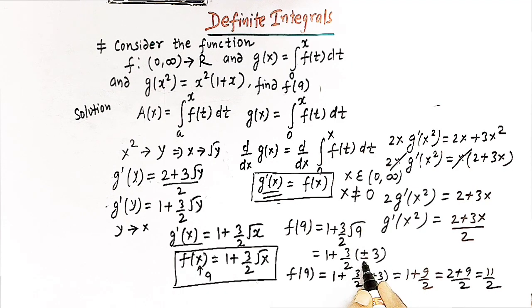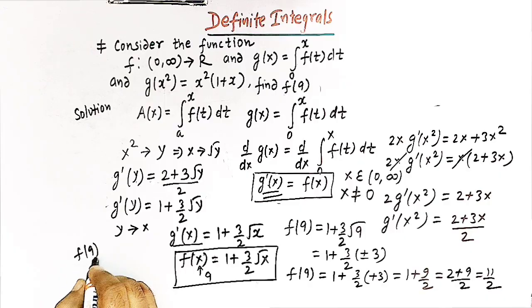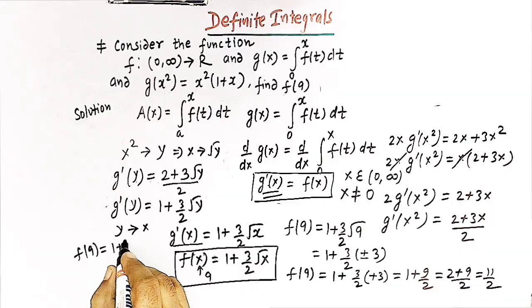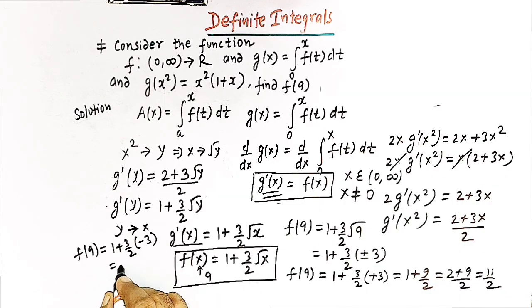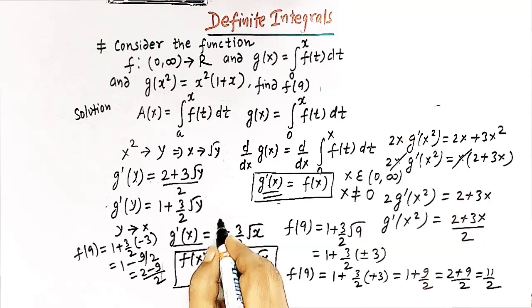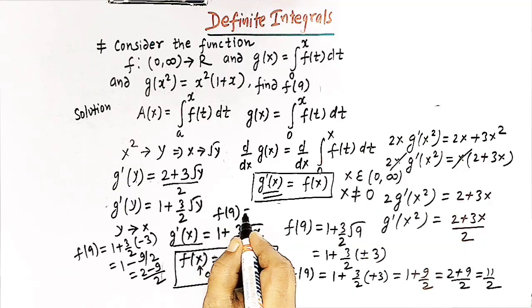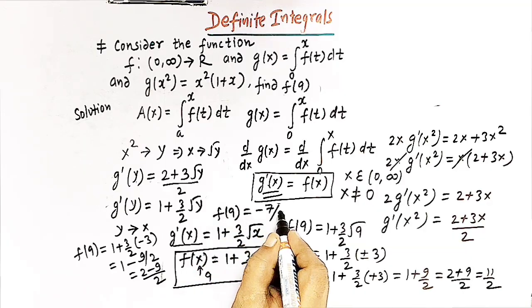Now taking the negative square root, so we have f of 9 is equal to 1 plus 3 over 2, and here we have minus 3. So this is 1 minus 9 over 2, that is (2 minus 9) over 2. So f of 9 is equal to minus 7 over 2.